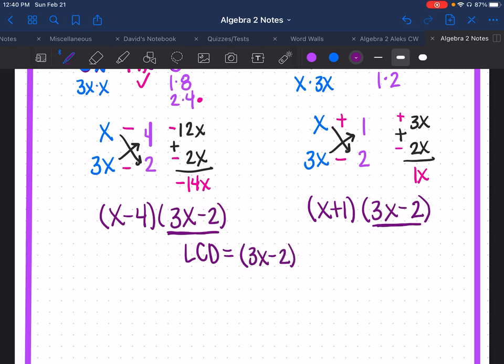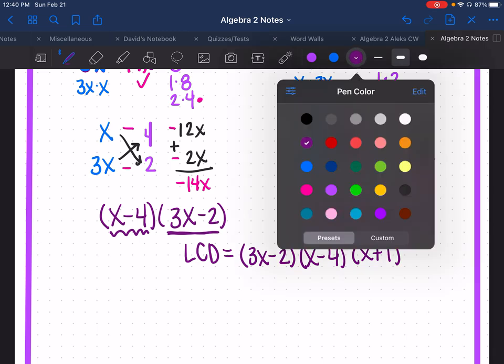And then I have to add both. So I need this one, and I need that one. Just to help me out, I used some different markings underneath them so that I could very quickly see what I need to multiply by.